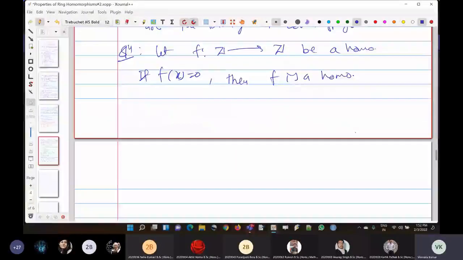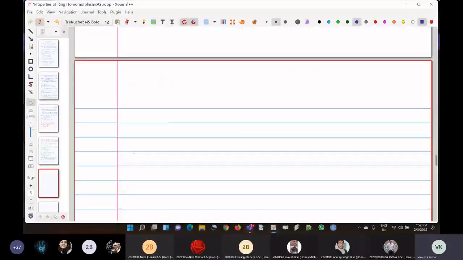Suppose f is a non-zero mapping. Suppose f is a non-zero homomorphism.